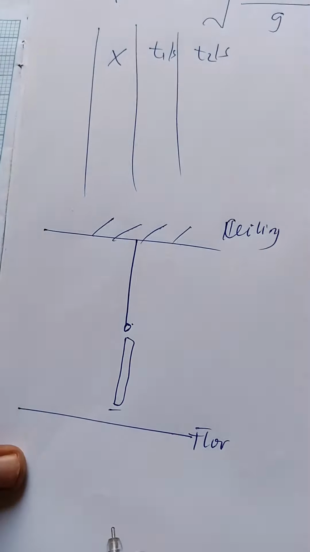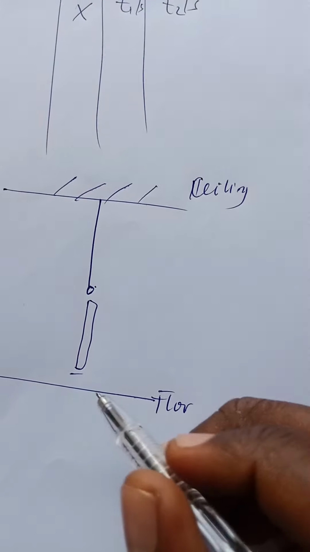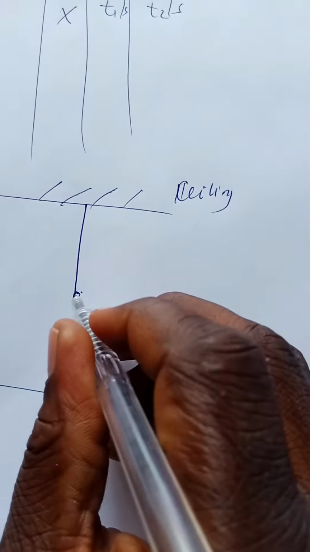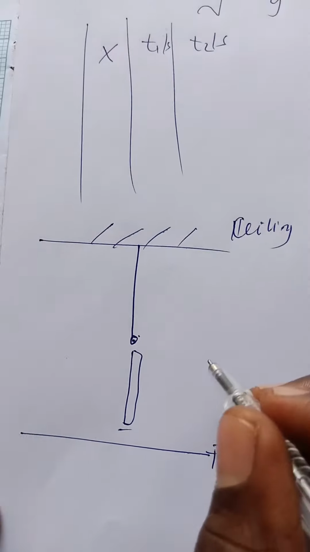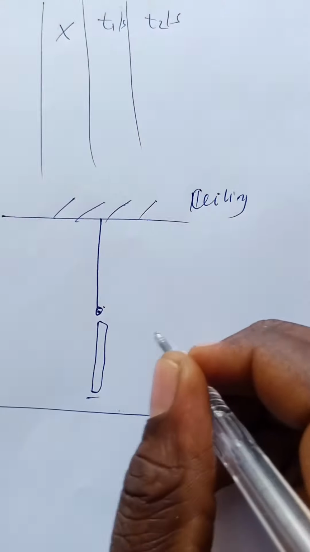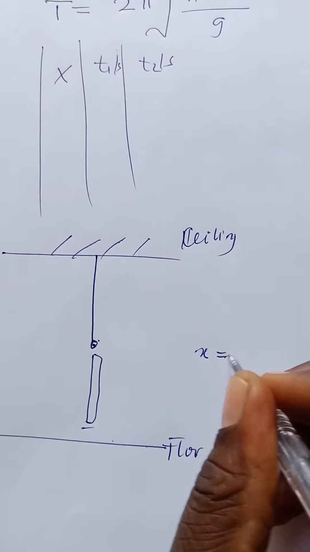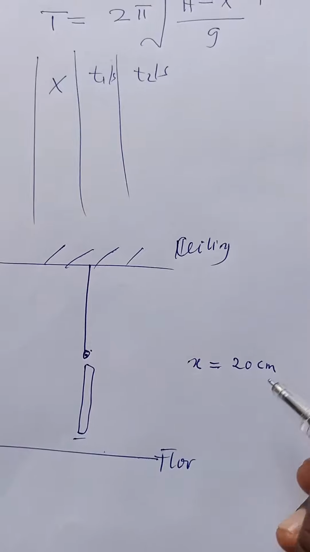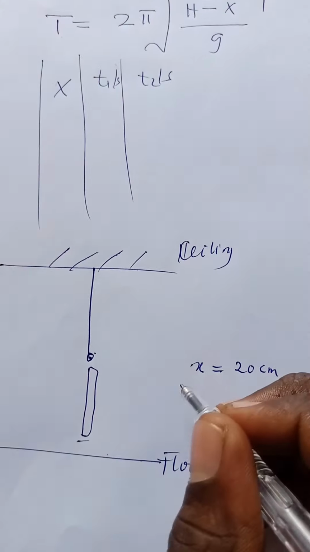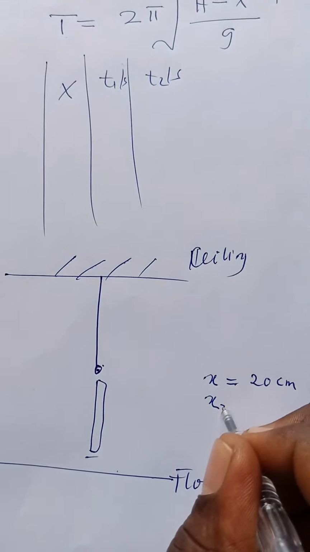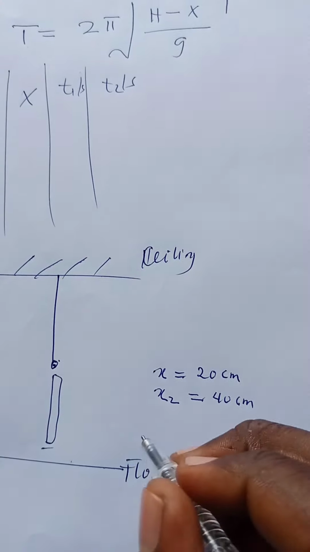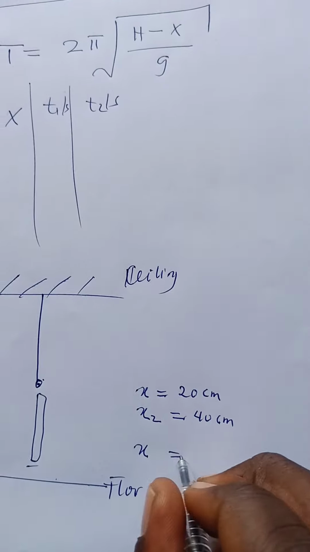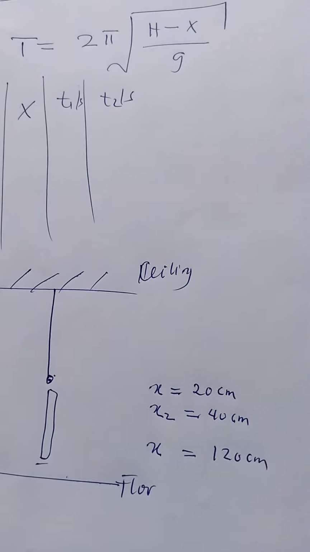With this meter rule, we take the height from the floor to the tip of the bob. The experimental setup says we start by taking the height from the floor to the tip of the bob at x equal to 20 centimeters. Then we roll over the bob to another 20 centimeters. We take our x2 to 40 centimeters and we do it subsequently till we reach x at 120 centimeters.